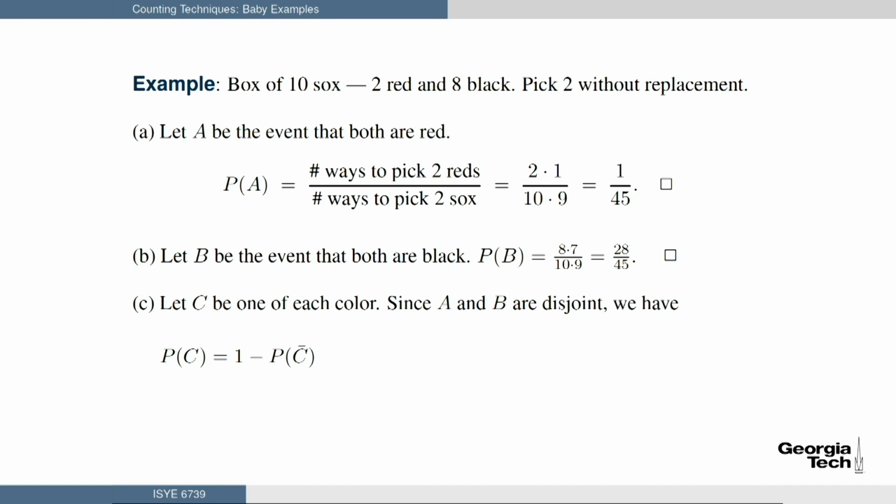Since the events A and B are disjoint, we have by the law of complements, the probability of picking one sock of each color is equal to 1 minus the probability of not picking one sock of each color, which equals 1 minus the probability that I pick 2 reds or 2 blacks, and by disjointness, 1 minus the probability of 2 reds minus the probability of 2 blacks equals, algebra, 16 over 45.